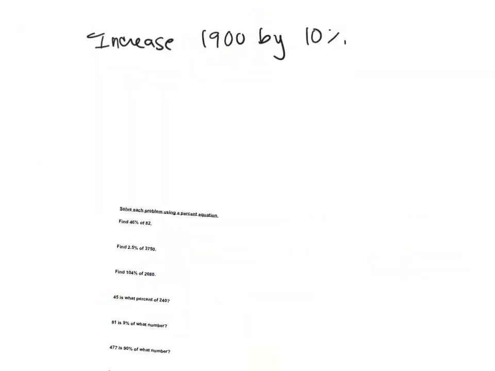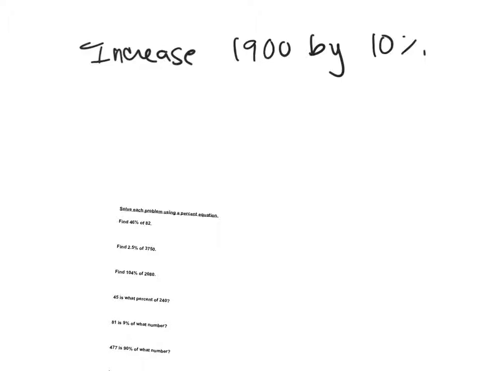You guys had a question on Math Space that asked you to increase a number by a specific percent. So when you're looking at a question like this, first of all, if I want to increase 1900 by 10%, it means that my new number is going to be more than 1900. It's going to be 10% more. So the first thing you have to figure out is what 10% of 1900 is.